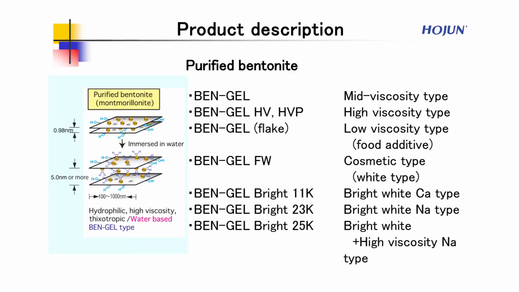The main products are Bengel, Bengel HV, HVP, Bengel Flake, Bengel FW, Bengel Bright 11K, Bengel Bright 23K, Bengel Bright 25K.